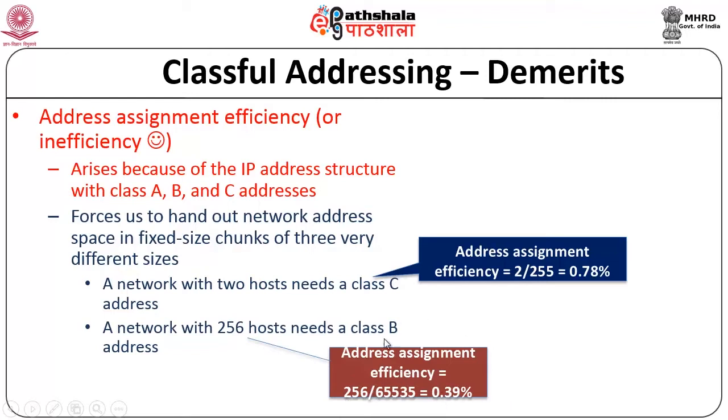So this address assignment efficiency is very, very low when we opt for larger networks, even though our requirement is small. But we are forced to opt for these networks because the network addresses are handed out only in fixed size chunks. You either get a 256 size network or a 64K network or a 2 power 24 network. So this is a problem that definitely was something that the entire internet world was facing.